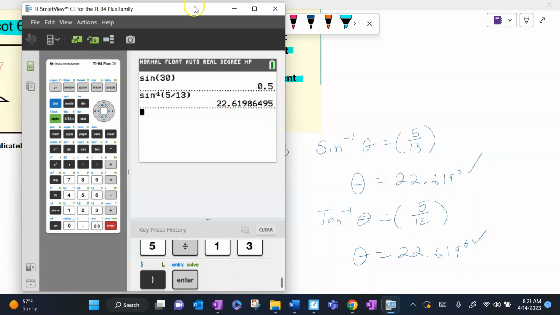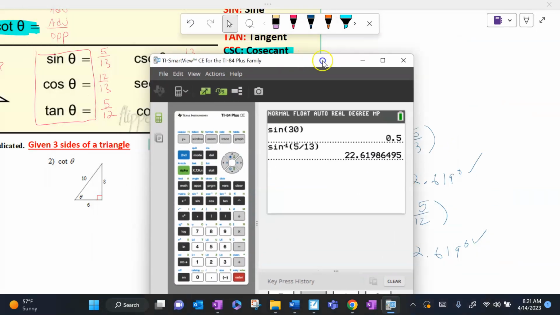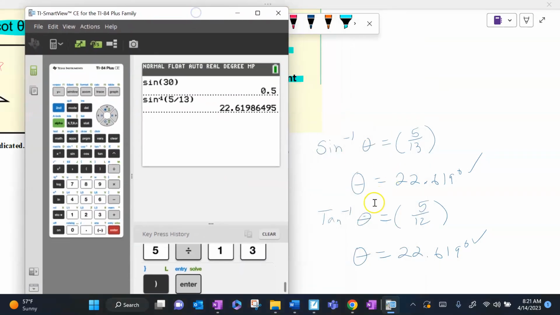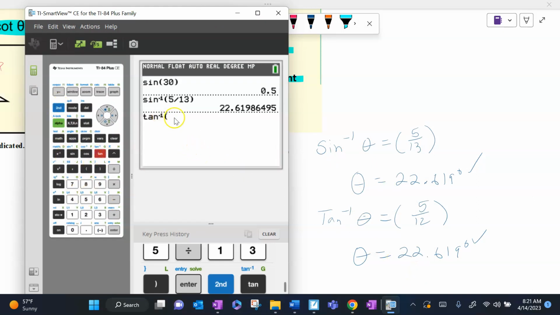Now keep in mind, you could do this for any of these three relationships: sine, cosine, or tangent. I just happened to choose sine and tangent to show you that we should get the same answer. So if I do second tangent, remember I'm doing second tangent because I'm telling the calculator this is not a 5 divided by 13 degree angle. That's the ratio between the two sides.